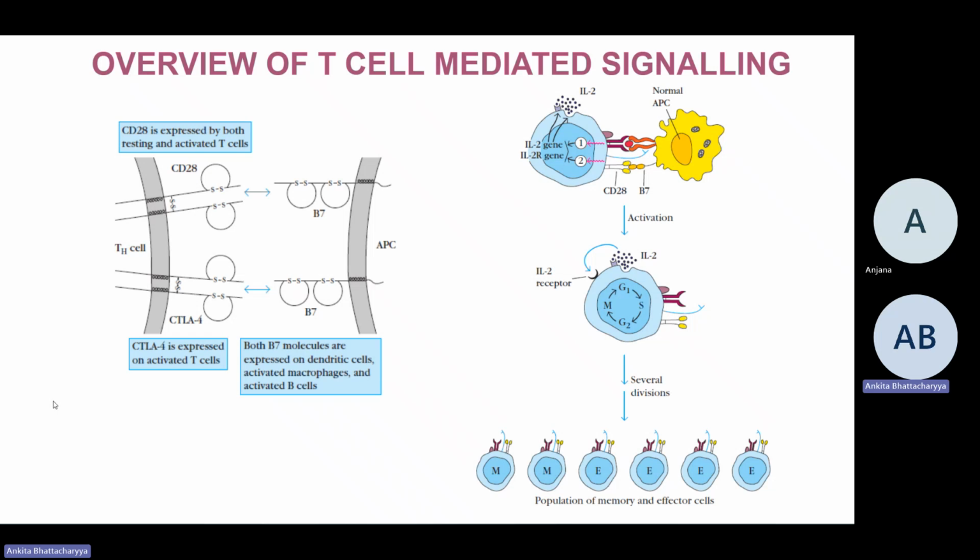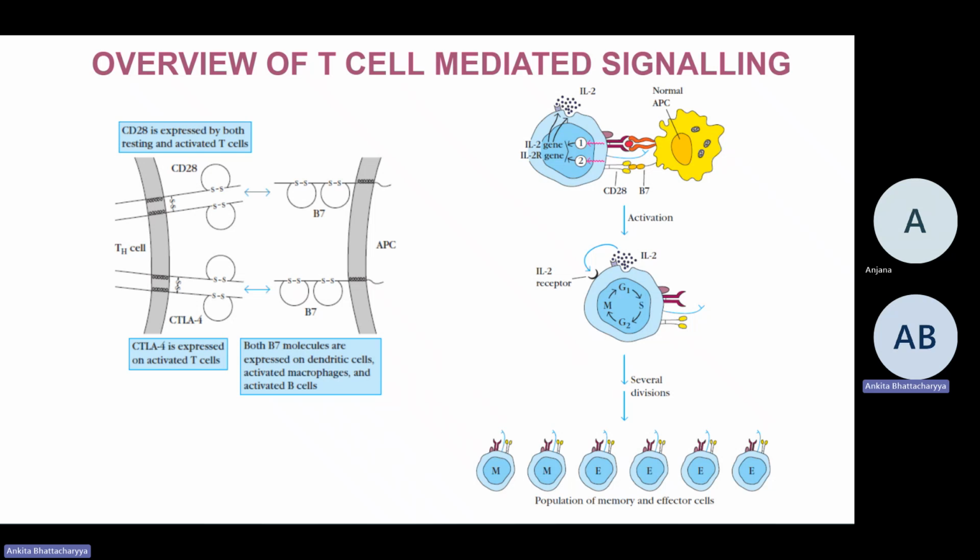It drives its own activation and proliferation, so that it can expand in numbers on a very large scale, generating an entire population of cells, as you see in the schematic, which can then act either as memory cells or as effector cells, so that they can sustain within that individual's circulation for a definite period of time. So that is the entire job.